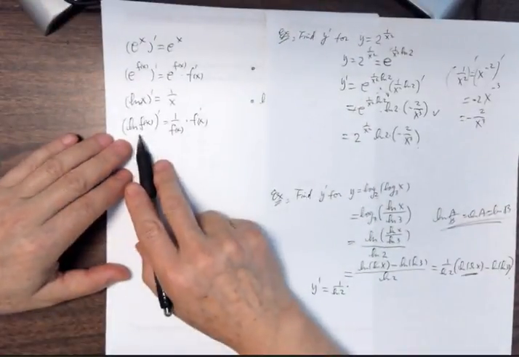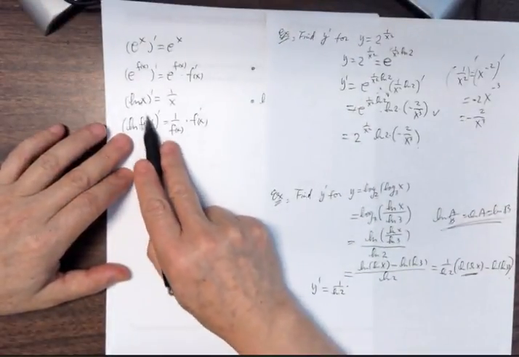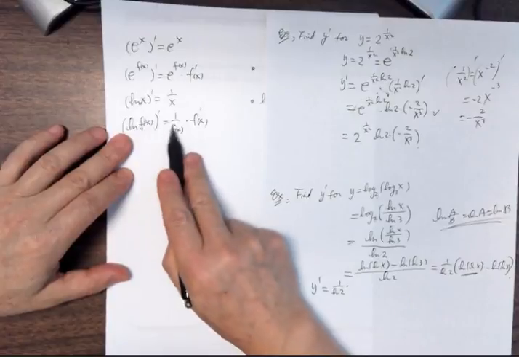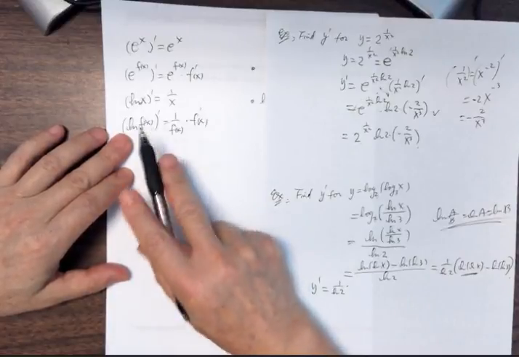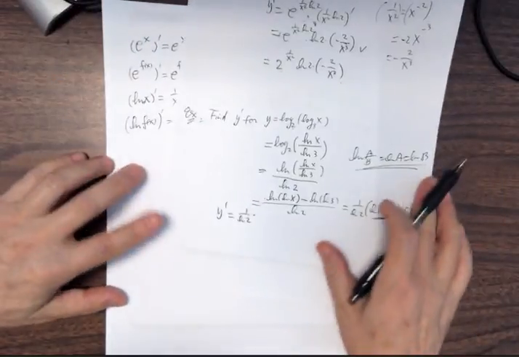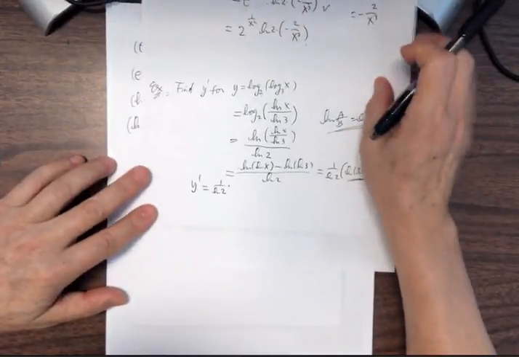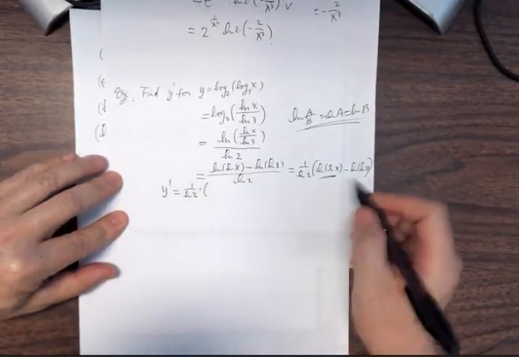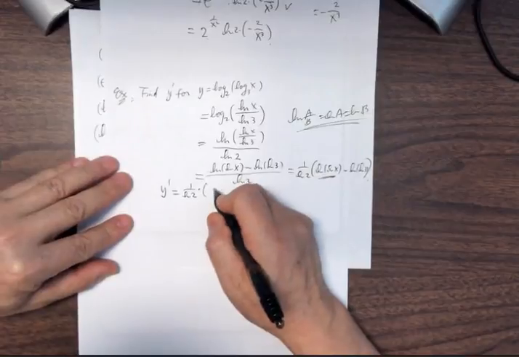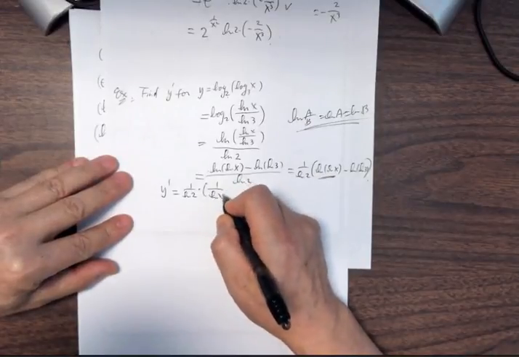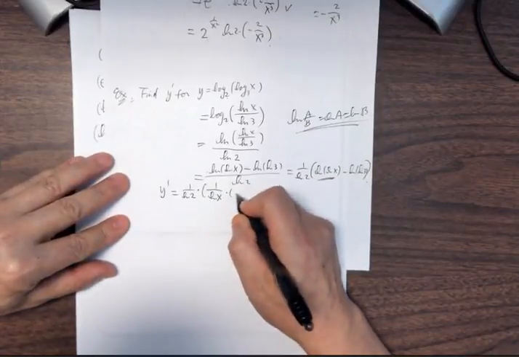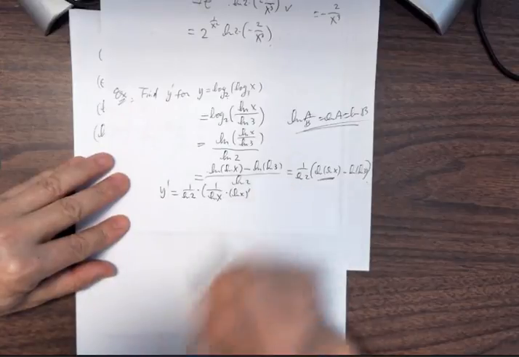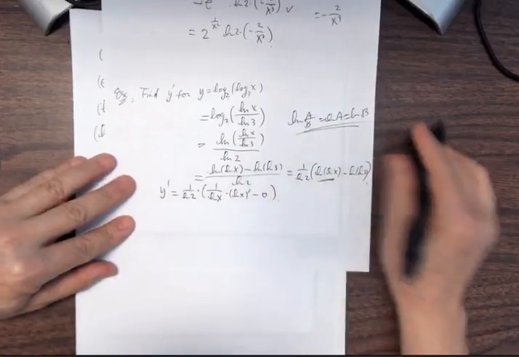Now we apply this formula, log of log x. So we have log x here, log x here. It's 1 over log x times the derivative of log x minus 0.